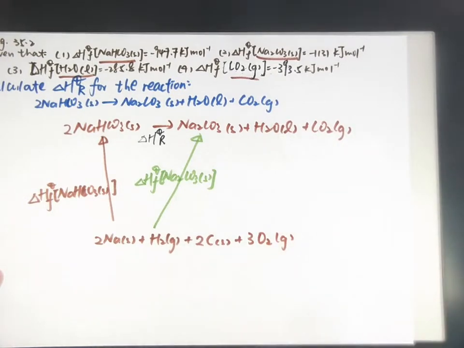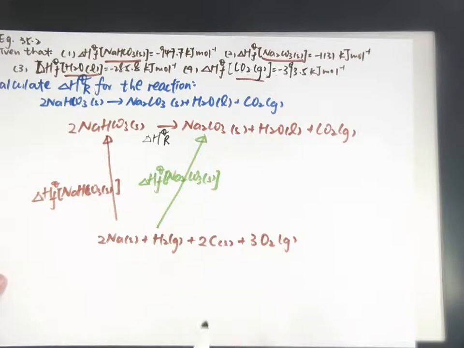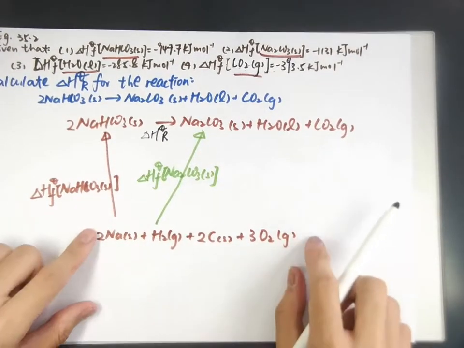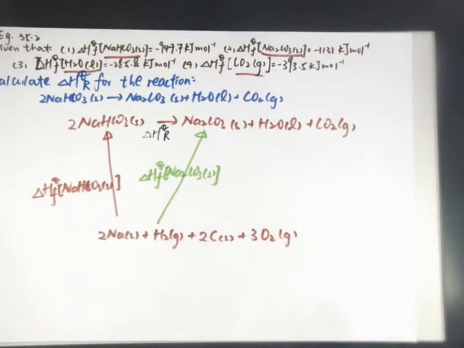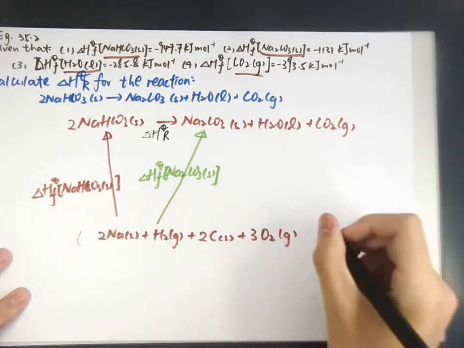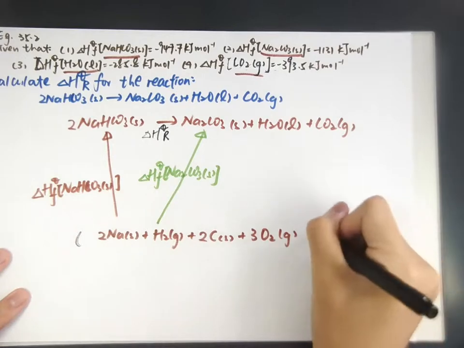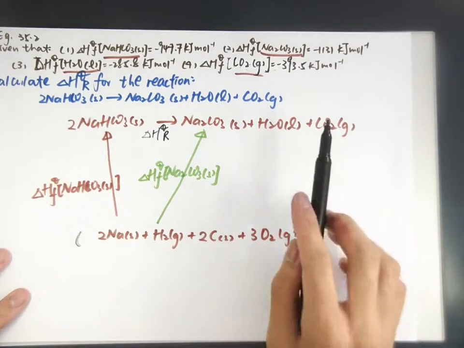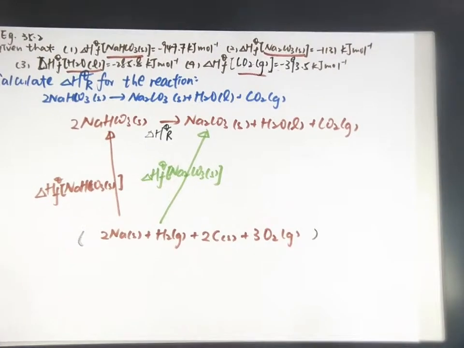So it seems that we have balanced both sides of the equation. Can you see that? This part with the black brackets, we balance both the left side of the equation and also the right hand side of the equation. It must balance, okay?